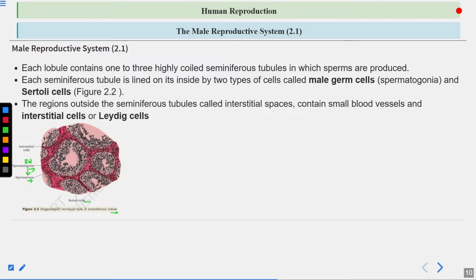So spermatogonia will undergo meiosis to form haploid spermatozoa. Sperm or spermatozoa will be haploid, spermatogonia are diploid. Then there are interstitial cells which are present in the interstitial spaces.